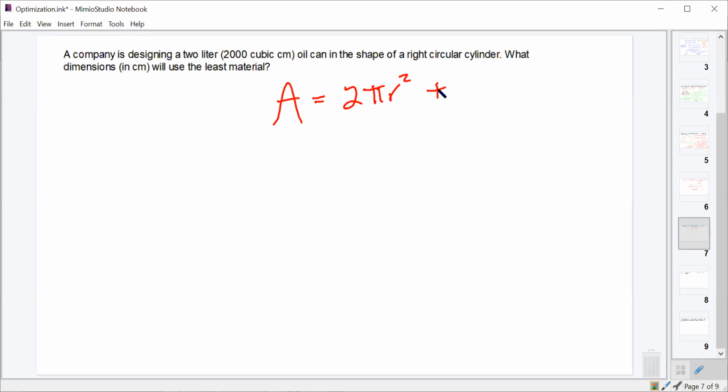And the lateral surface area should be 2 pi r, which is the circumference of the base, times the height. So 2 pi r squared plus 2 pi r h. Everybody good with that or no? Elon, Darius, you guys good with that?